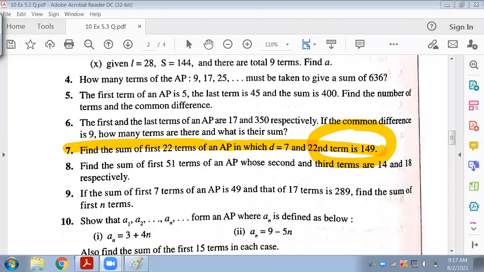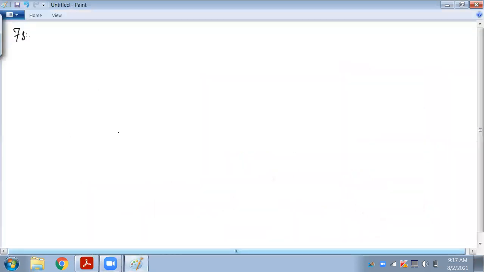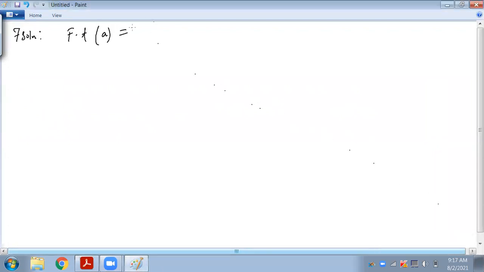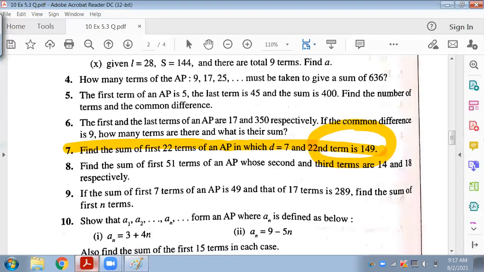Okay, so here the first term we don't know. Whether you know or don't know, you're going to take it first. We're going to write first term a, question mark. If you don't know, we're going to put a question mark. Common difference, we know it. Common difference is 7.